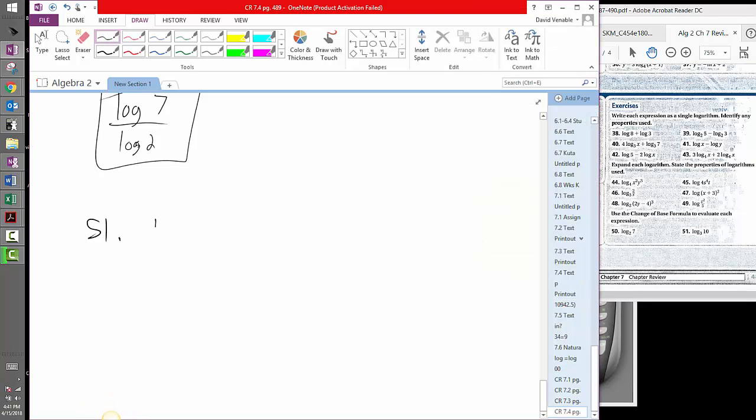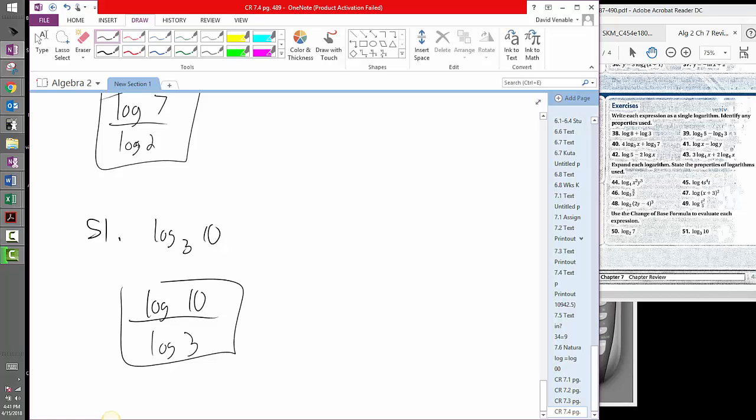So, log base 3 of 10 is just you take the log of this thing over the log of the bottom thing. Now, that's all well and good. This actually could be simplified further. This is log base 10 of 10, so you could actually simplify it to 1.